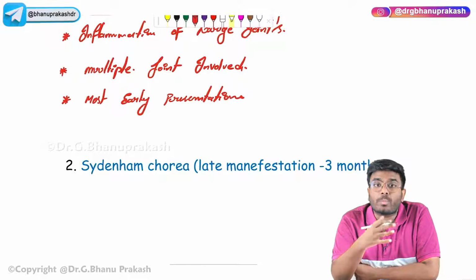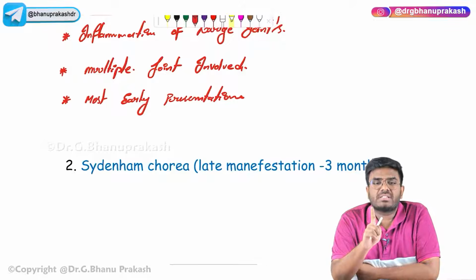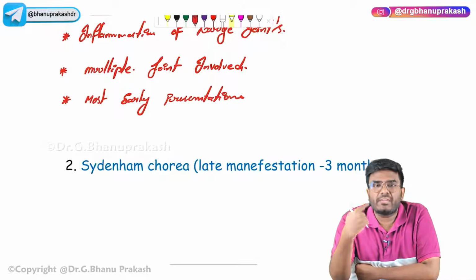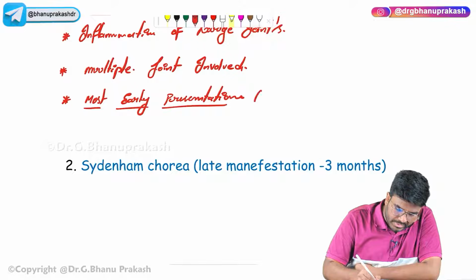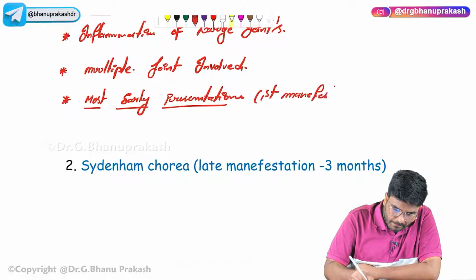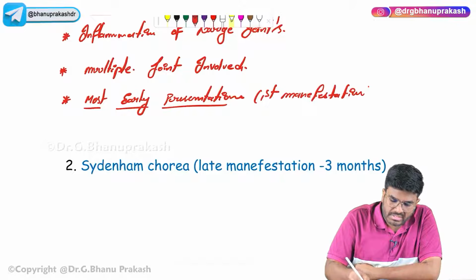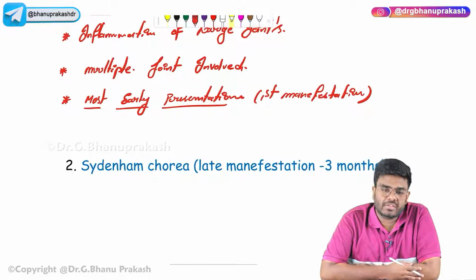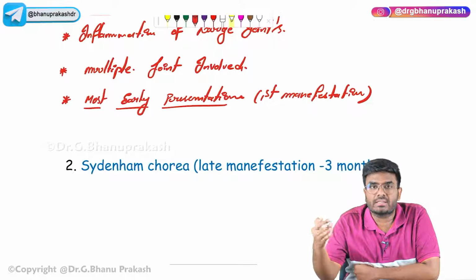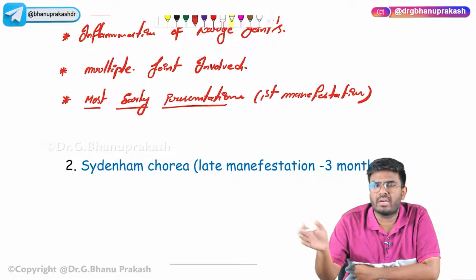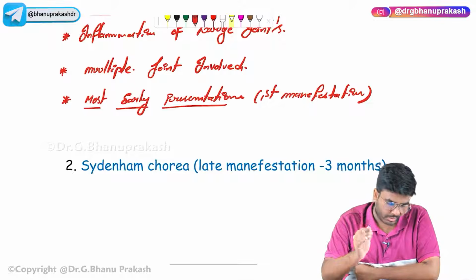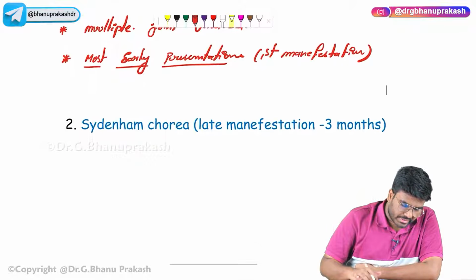If a patient gets rheumatic fever, what is it that he is going to manifest first? The first manifestation is going to be, let me write here, first manifestation. If a person gets rheumatic fever, then the first manifestation is going to be migratory polyarthritis. After migratory polyarthritis, he can develop pancarditis, after that Sydenham's chorea, and so on. But the first is going to be migratory polyarthritis.